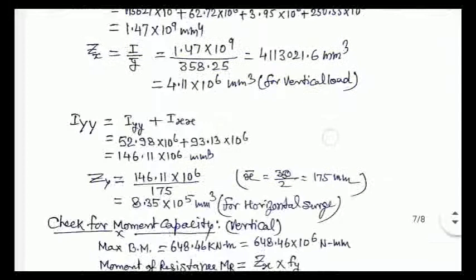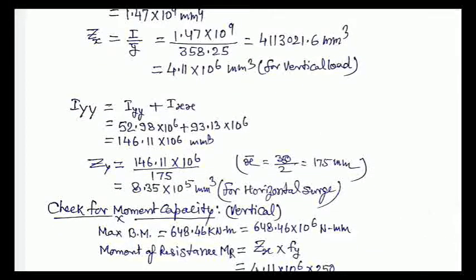Okay. Now Iyy of the composite section will be equal to Iyy of the I section plus Ixx of the C section. Because the axis is the same, a single axis, these two will be added directly.